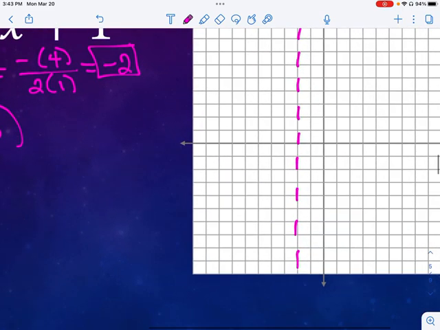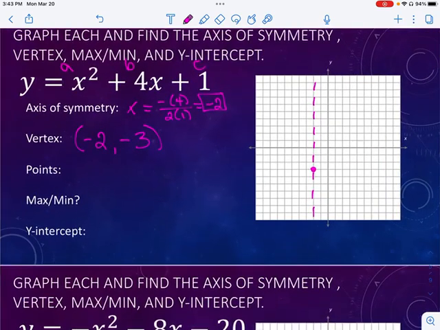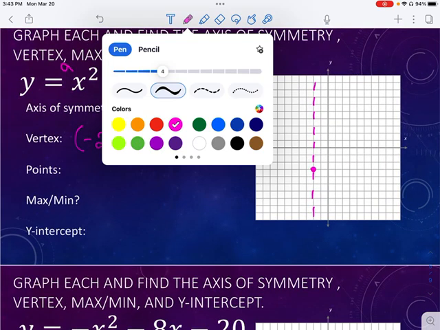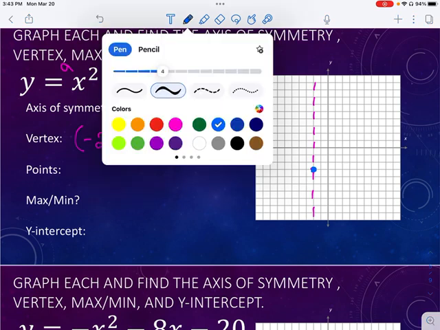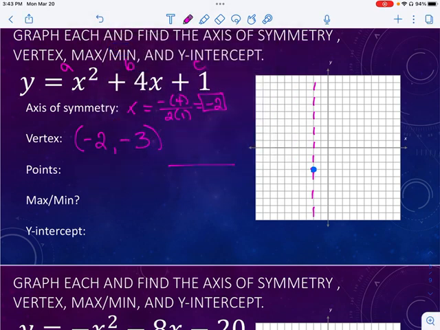So I come over here, negative 2, 1, 2, 3. There's my vertex. Now, once I have my vertex, my next thing is I want to figure out what are some other points I could do. Okay, so I'm going to go back to my t-tables. Now, I look at the x value in the vertex. It's a negative 2.